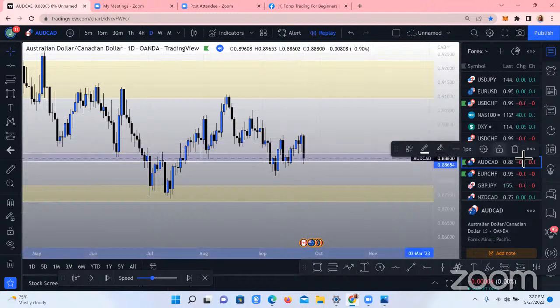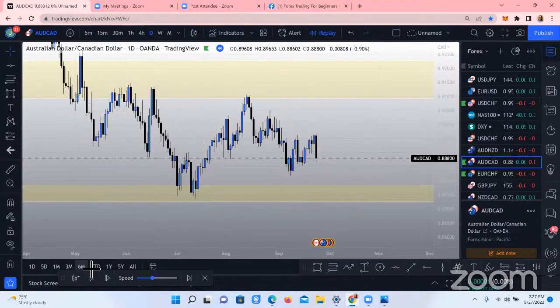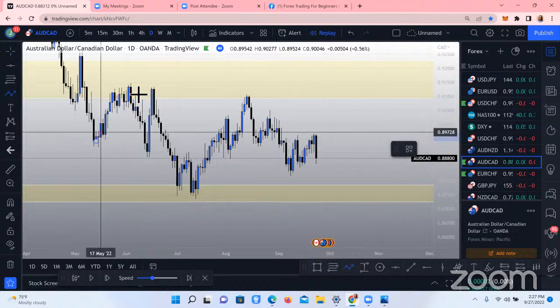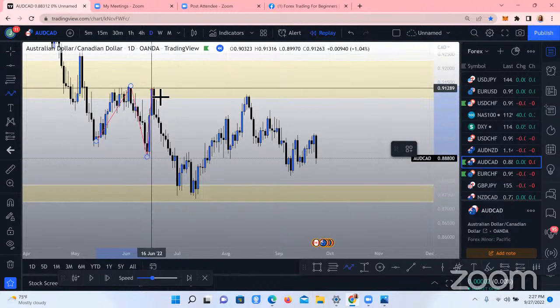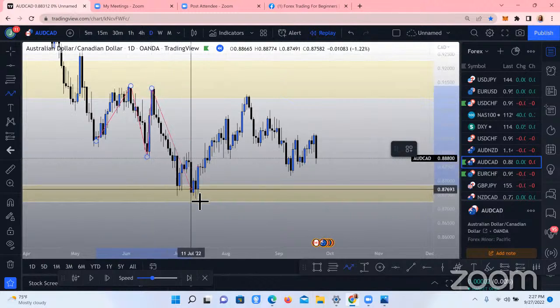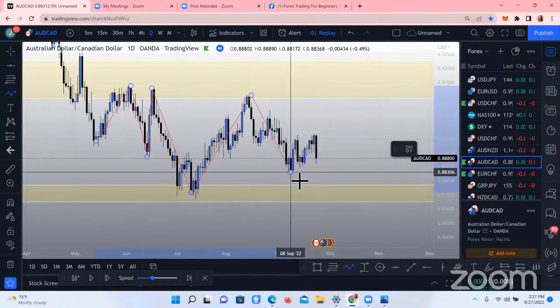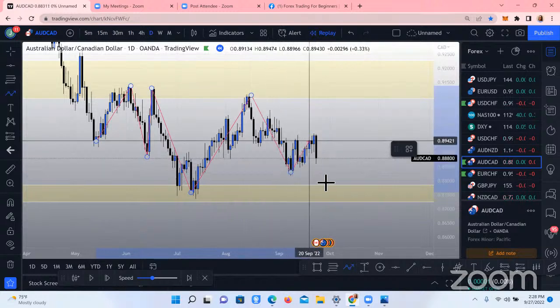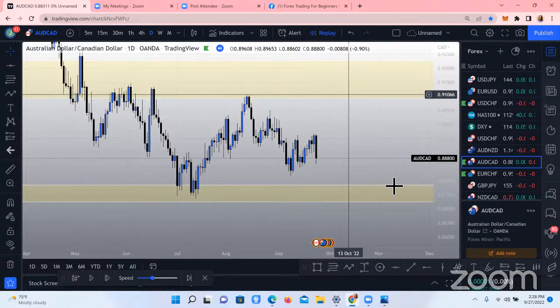If I take that out, we can see what price did. Price went up, down, up here again, gave us a second chance, went down, up, down, and then we're expecting it to come down here, and then go back up.